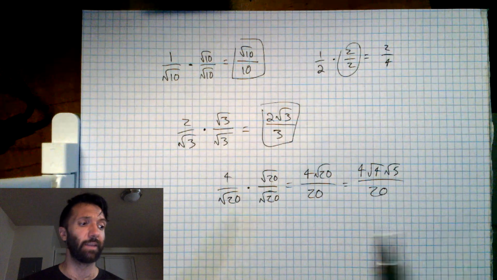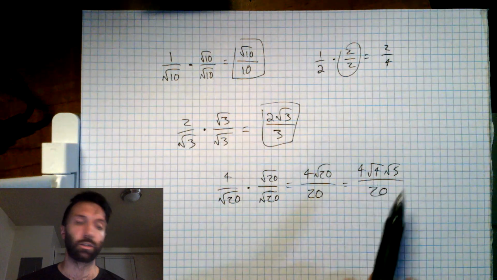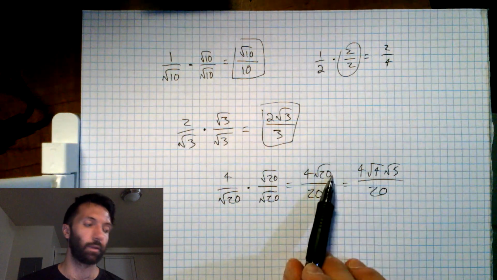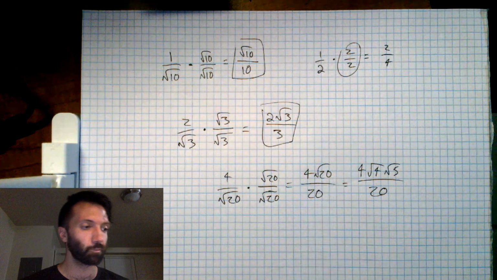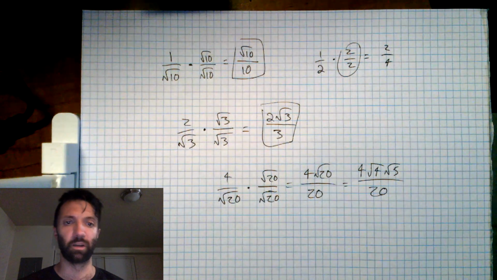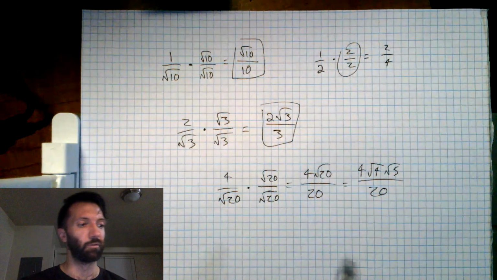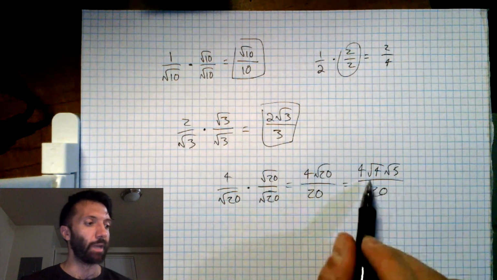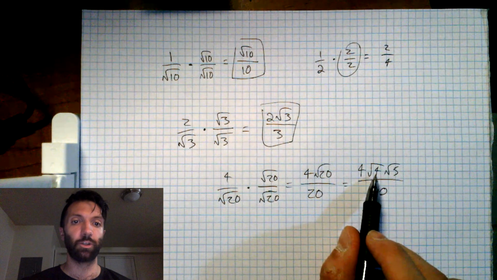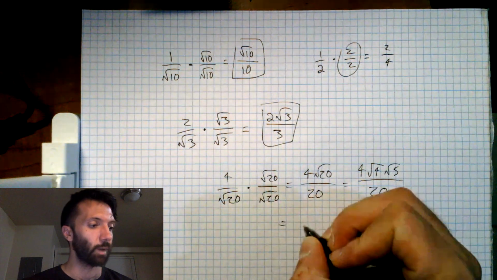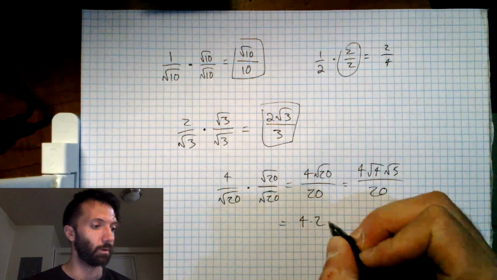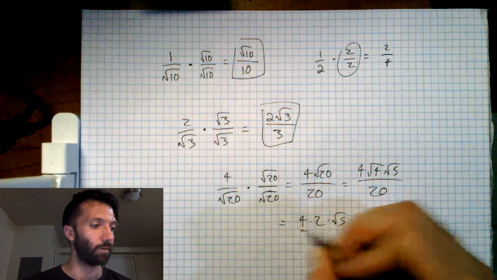And the reason I did that is because 4 is the largest perfect square that goes into 20. So I'm going to assume you're pretty comfortable with simplest radical form at this point. So I'm going to move through this part quickly. But now I know that root 4 is just 2.